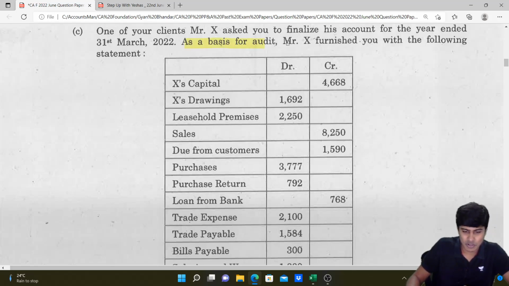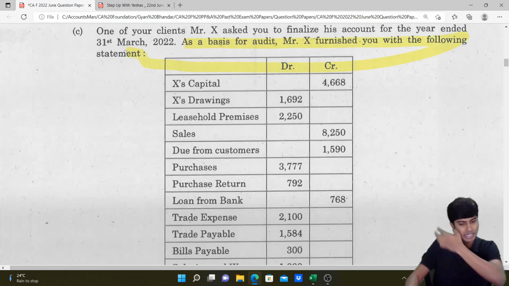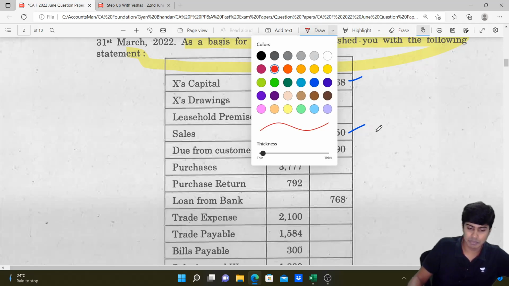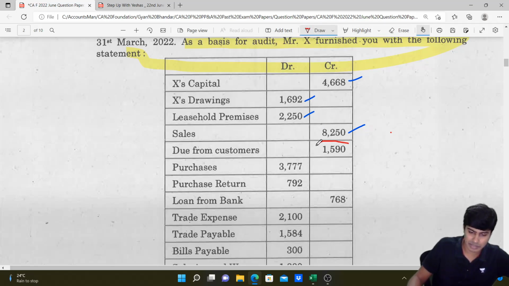Okay, as a basis for audit, Mr. X furnished you the following information. They've given some data. Let's see if something's wrong. Capital, credit, correct, no problem. Drawings, debit, no problem. Leasehold premises is an asset, debit, no problem. Sales, it's given on the credit, correct. Due from customer: if the customer is supposed to pay us money, don't you think it's an asset?